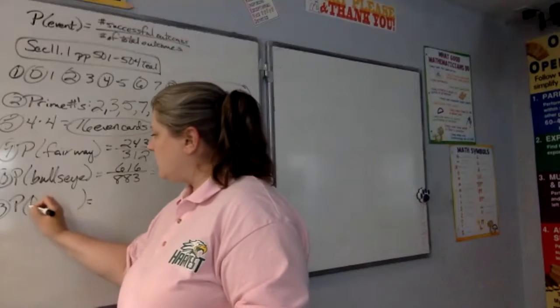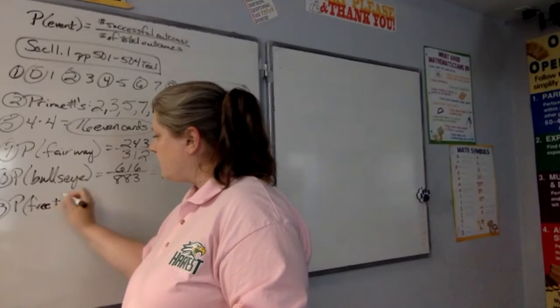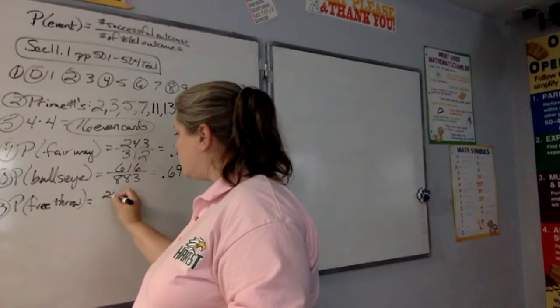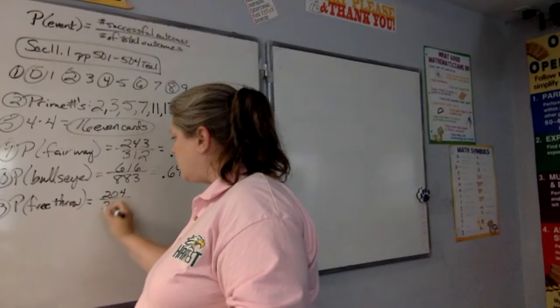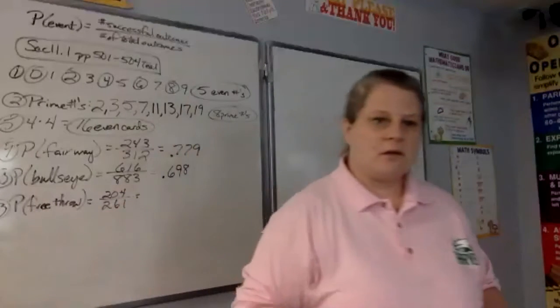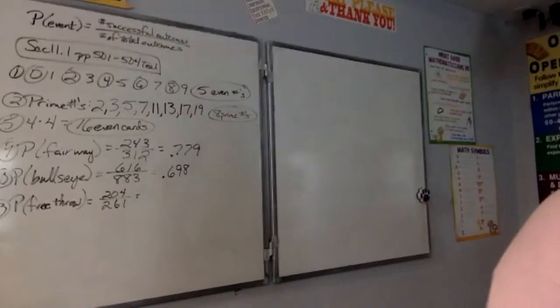So the probability of getting a free throw is he made 204 out of 261 attempts. So you take 204 over 261.